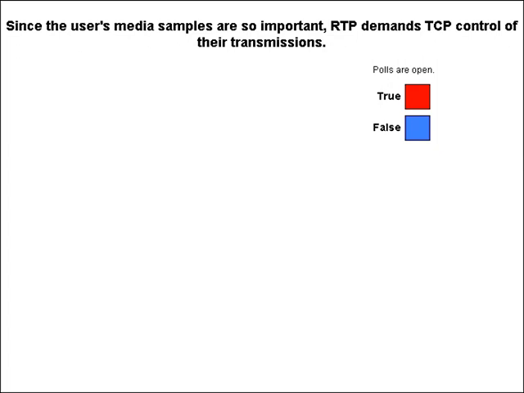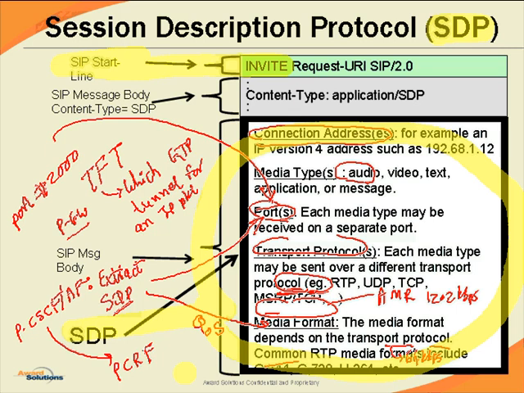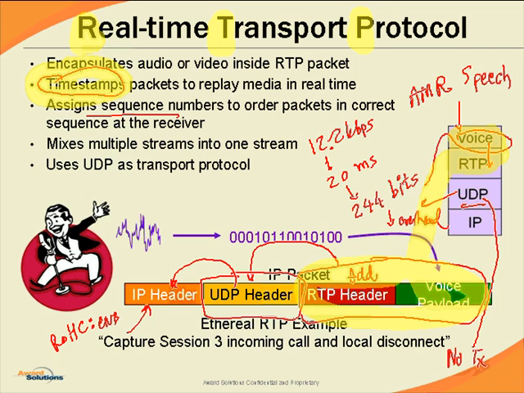Excellent. Let's look at the results. Okay, about 85% correct. So RTP does not use TCP. Okay, so we use UDP. RTP is going over UDP because you want to reduce delay.